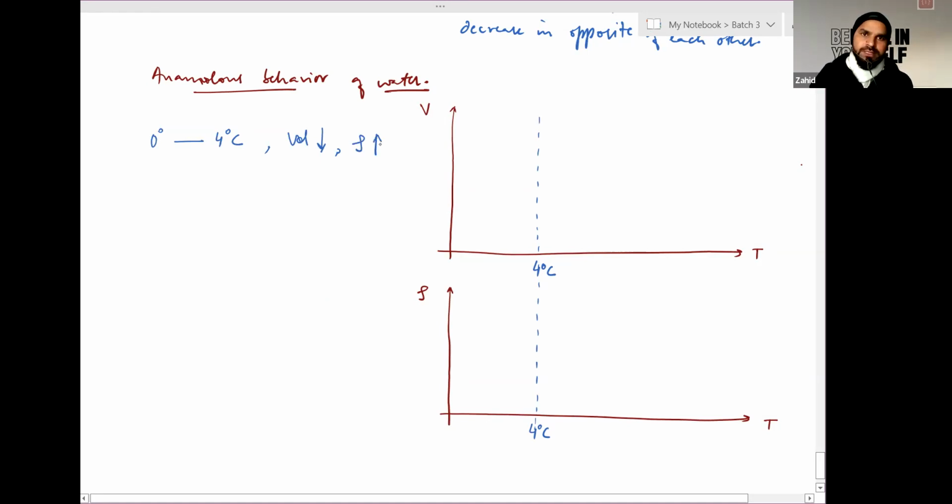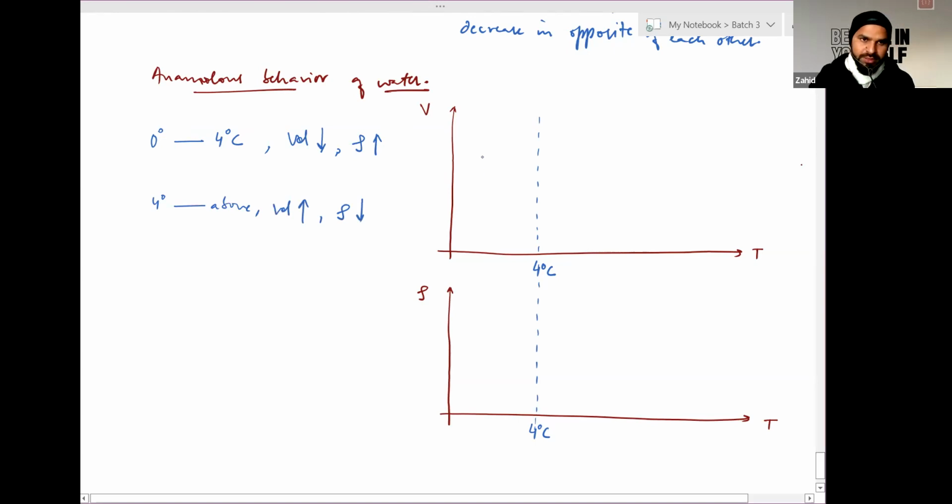So at 0 degrees Celsius, when it converts into ice, it may have lesser density and larger volume. But at 4 degrees Celsius and above, on increasing temperature, volume will expand and density will decrease.